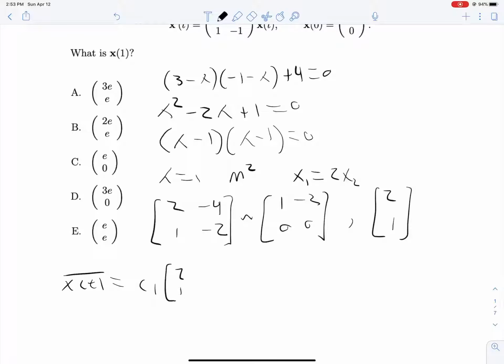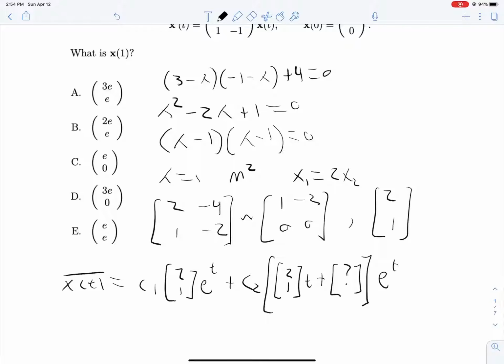So we can start writing out x of t is equal to c1 (2, 1) e to the 1t plus c2, but we have a little bit of an issue here because we have a repeated eigenvalue, so we don't have a different v2. So what we're going to need to do is add our (2, 1) with a t on it, and then we need to find a generalized eigenvector here.